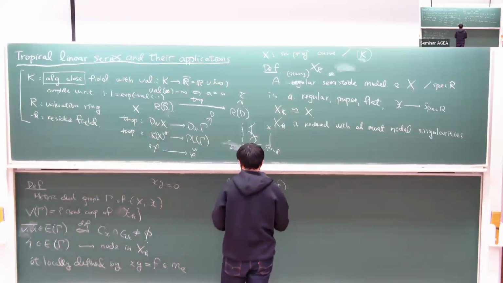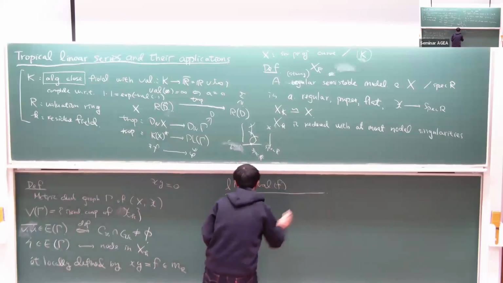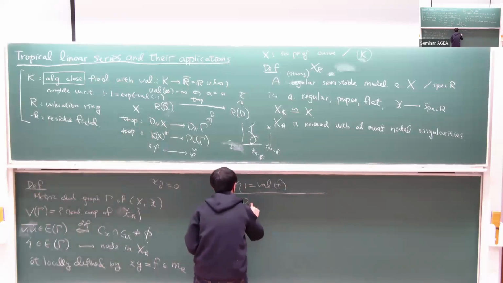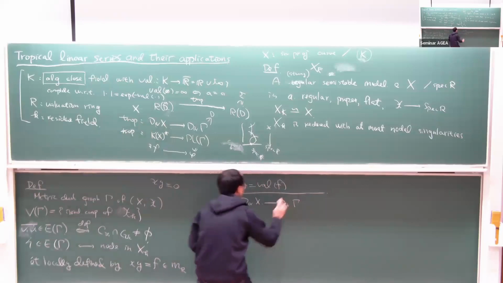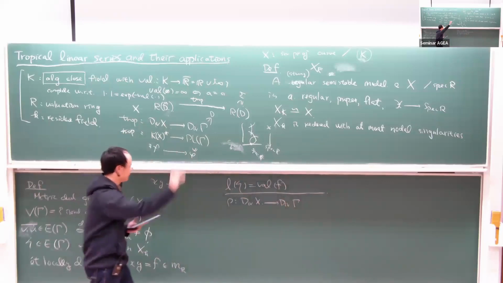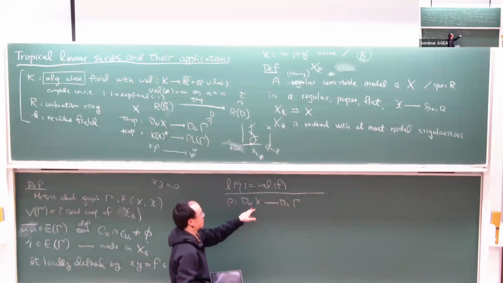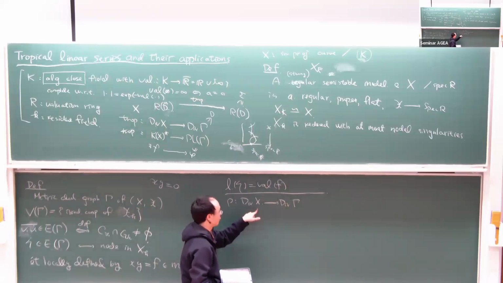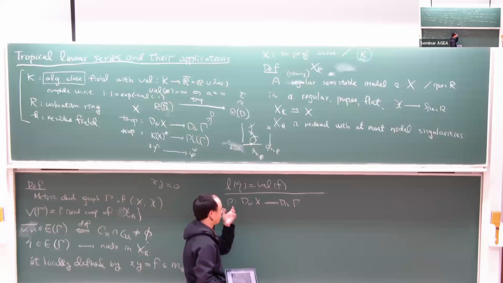So we say that there is a specialization map between the divisor groups. It is defined in the following way. We only need to specify the image of each point, and then you just extend the map linearly to get a map between groups.